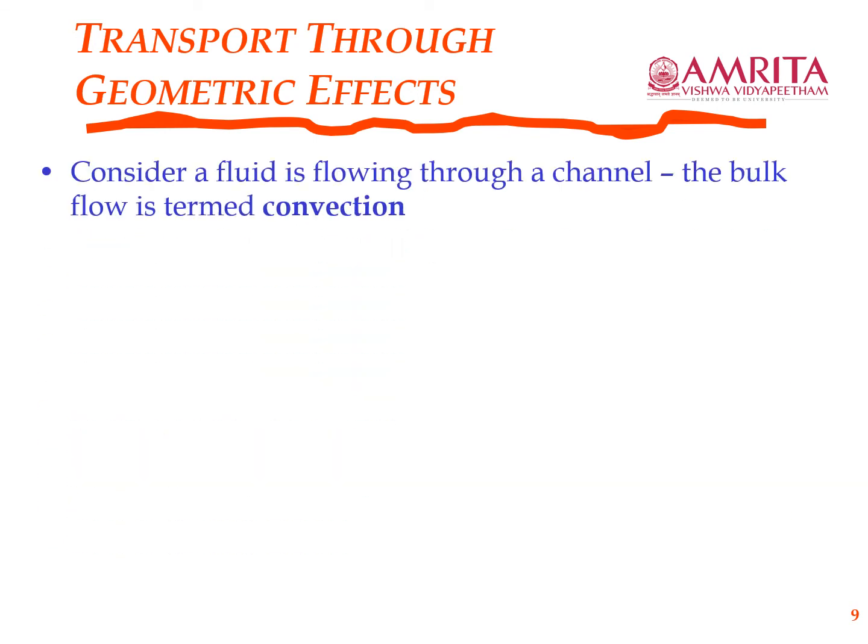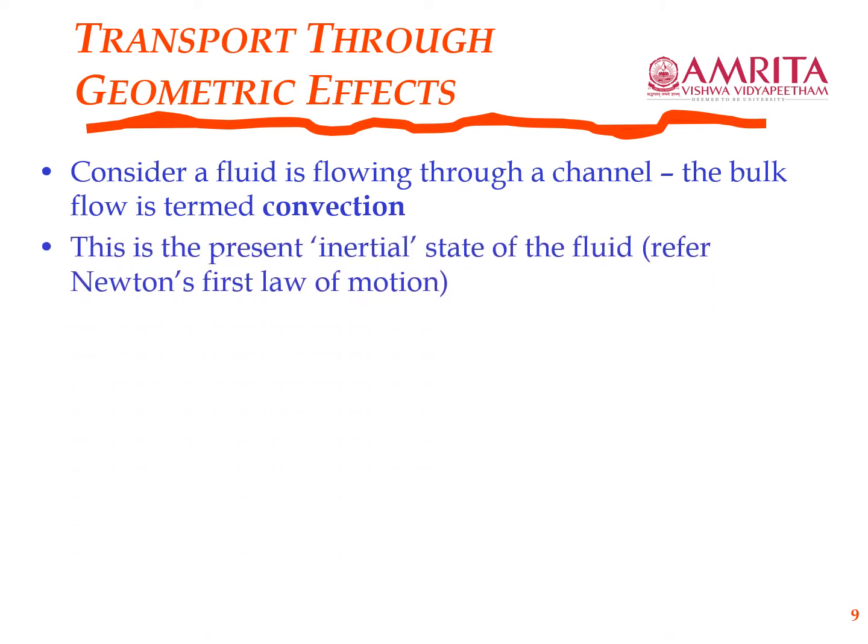So consider a fluid that is flowing through a channel. This bulk flow is called convection. When the fluid is flowing in bulk motion, that is the present inertial state of the fluid, unless some external force acts on it to change that inertial state, as given by Newton's law of motion.